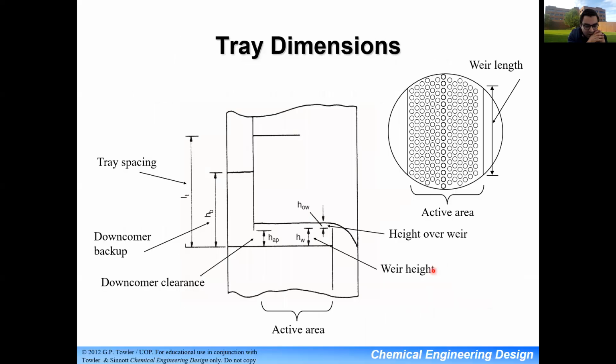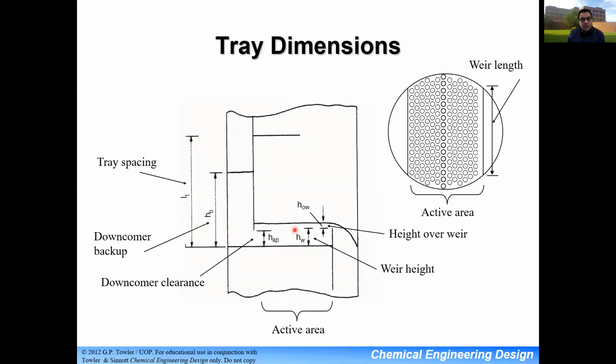And again, this is very similar to what we talked about before, the tray dimensions. When dealing with trays, these are very common types of nomenclature which you'll come across. You have your tray spacing, which is the distance between the trays. Your downcomer backup, which is the height of the liquid in the downcomer.